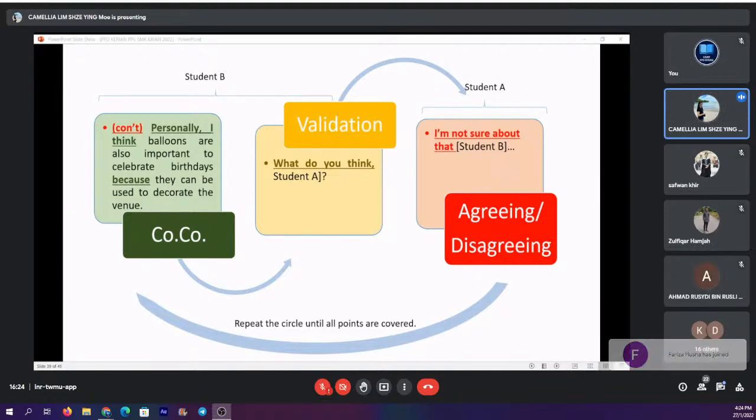Right? So then it's now student A's turn to either agree or disagree. So remember, teachers, how I propose we encourage students to clash on maybe one or two points. So that's what I'm showing here. For the point on balloons, student A here disagrees with this particular point. And so they've used the phrase, I'm not sure about that. Of course, there are multiple other phrases to express disagreement.